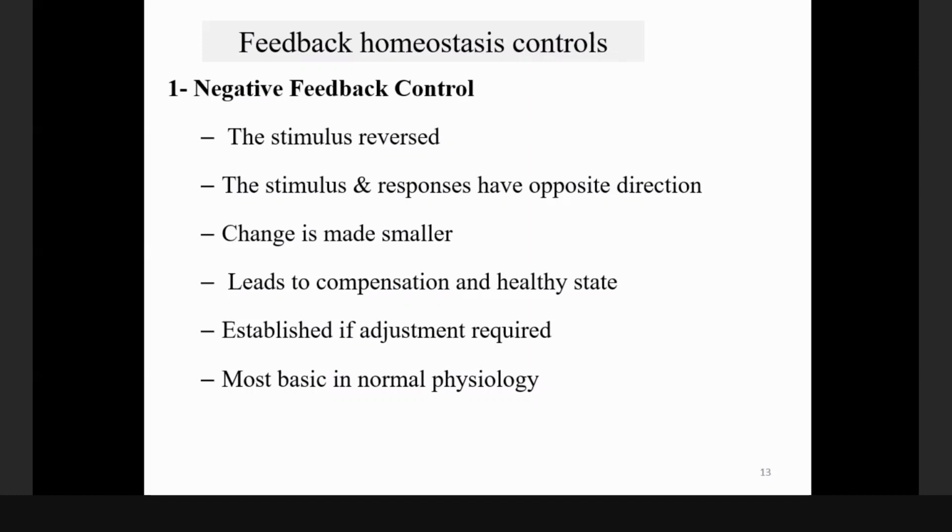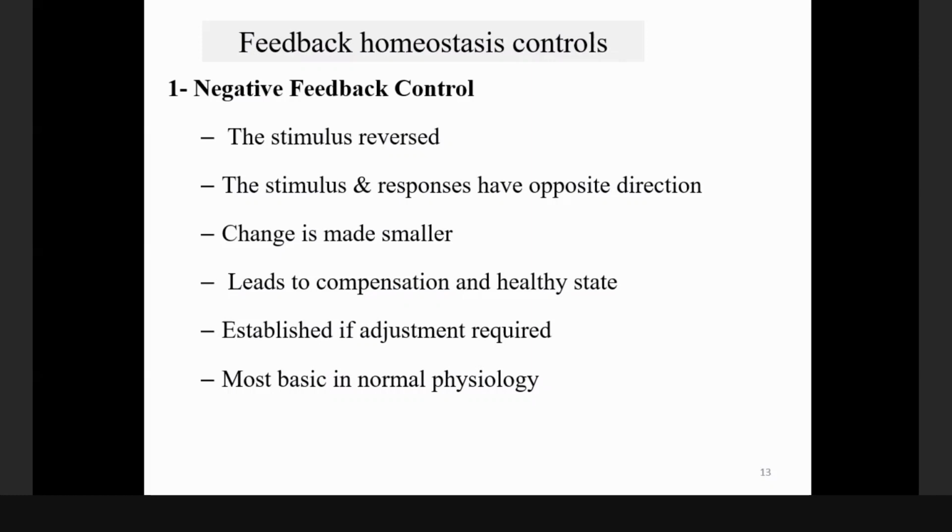Your body temperature is increased from 37 to 39, so the change is 2 degrees centigrade. Then the negative feedback homeostasis control system returns your body temperature to about 37.6. So how much is the change now? The change is 0.6 degrees centigrade.